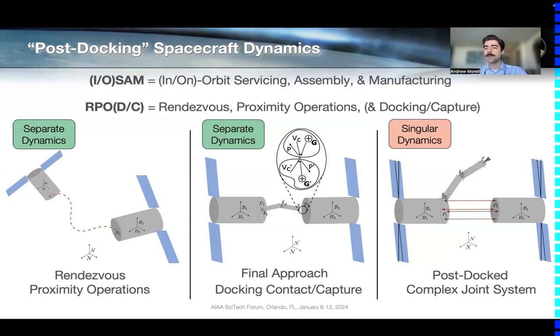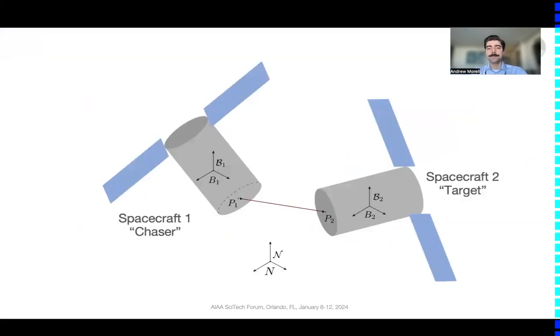You can also think of scenarios where a berthing maneuver is often performed, where when we initially grab onto the target vehicle, our robotic arm is relatively extended, but then we draw in the target vehicle closer to perform some amount of servicing on it. And then another situation that can be thought of is one in which the target vehicle is uncooperative for unintentional or intentional reasons.